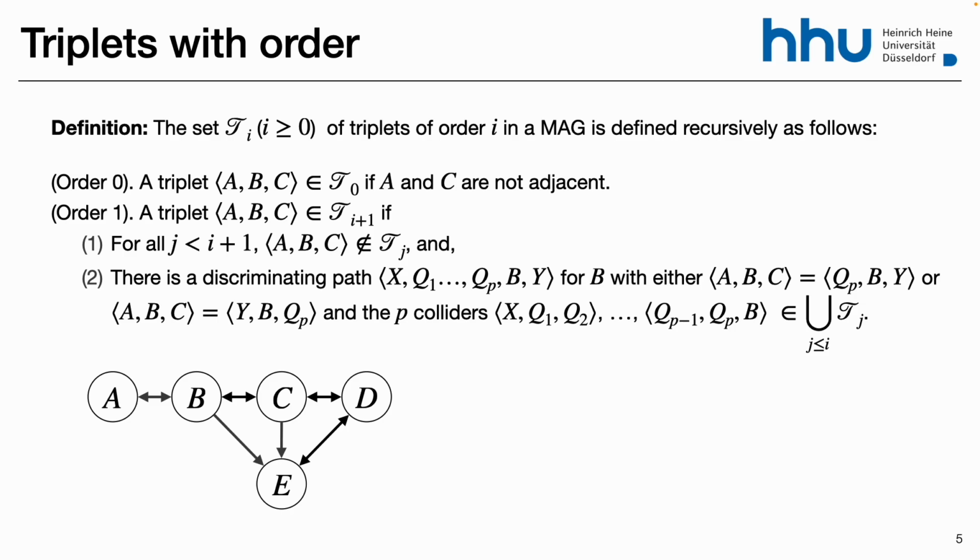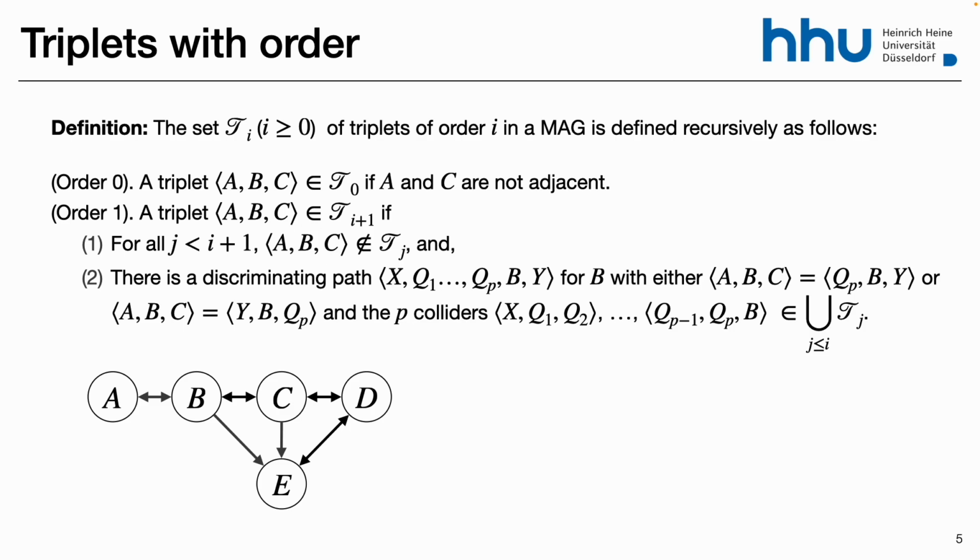So in this example, maybe I will ask you, what are the triplets that form the triplets of order 0, either collider or non-collider? By the first definition, a triplet belongs to order 0 if A and C are not adjacent. A, B, C is a triplet. They just need to be unshielded. So what are the triplets that are unshielded in this case? ABE.